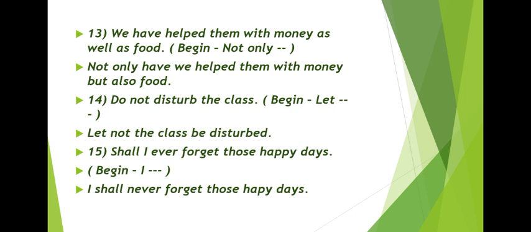Not only have we helped them with money but also food. Okay. Many students forget to write this helping verb have. So you should not forget that after not only, the helping verb is used. Okay. Not only have we helped them with money but also food. And if you write not only we help them with money but also food, it's wrong. Not only have we helped them with money but also food.